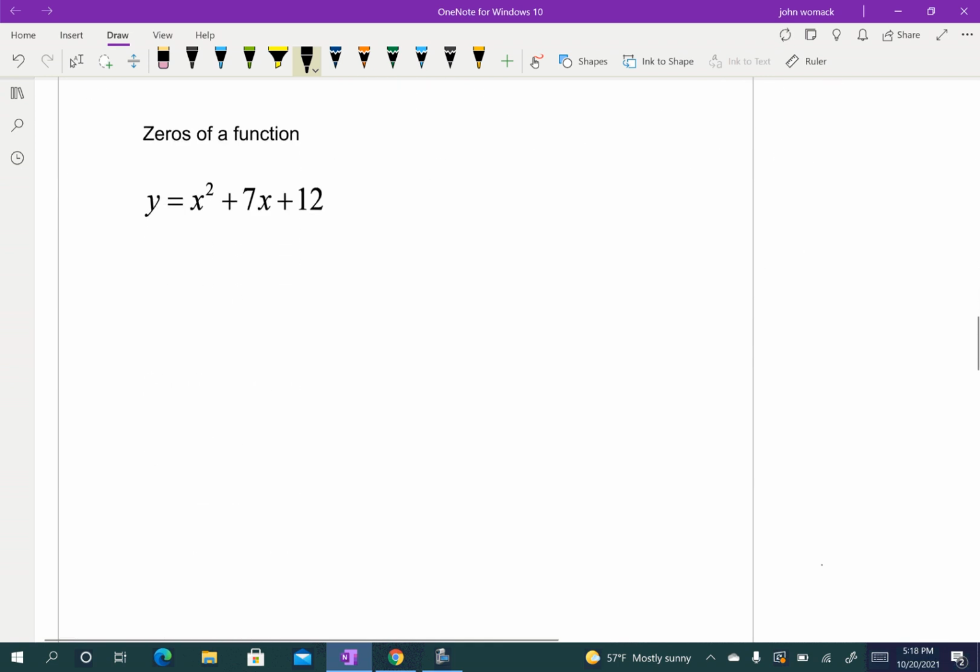Okay, something that's a little bit different, zeros of a function. We've talked about this before. Just as a reminder, this is something we went through in the last chapter, but zeros of a function mean what you can plug in for x to make the function equal to 0.